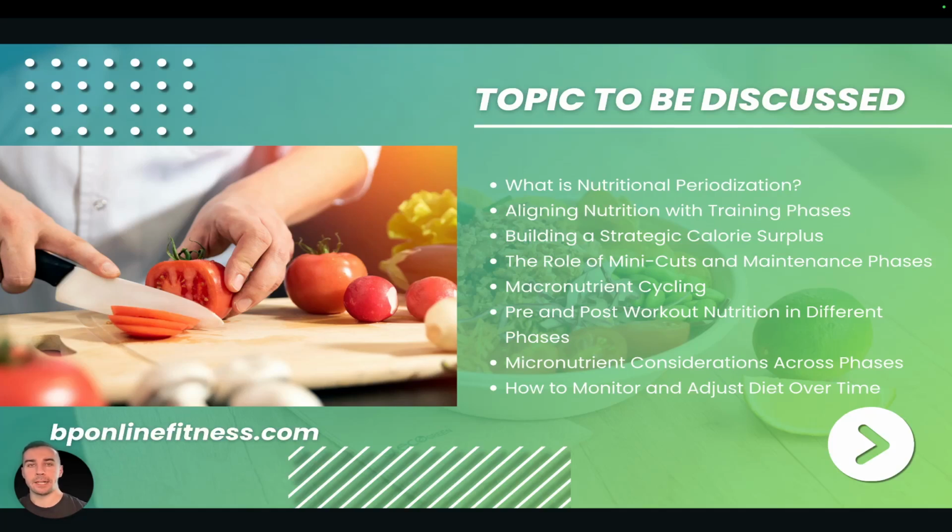A lot of times a calorie surplus is more geared towards somebody with a muscle gain goal, so we'll keep that in mind. Then the role of mini cuts in a maintenance phase, macronutrient cycling, pre and post workout nutrition in different phases, micronutrient considerations across phases, and how to monitor and adjust diet over time.